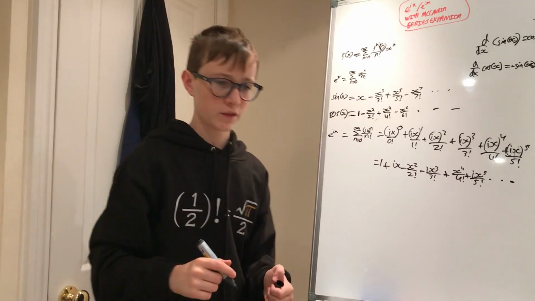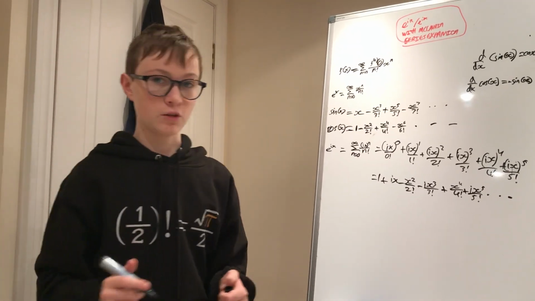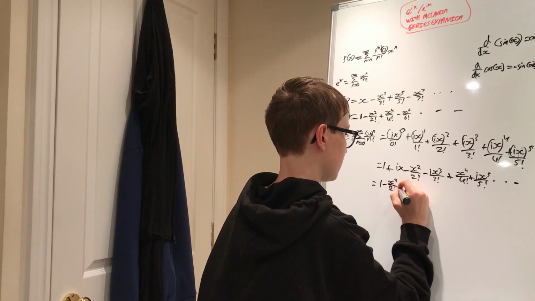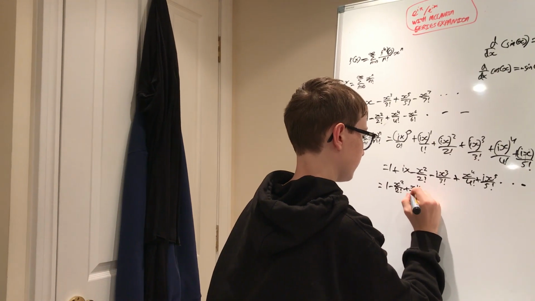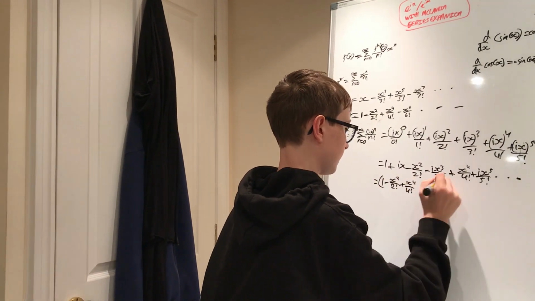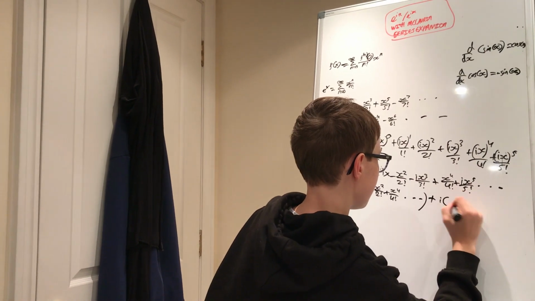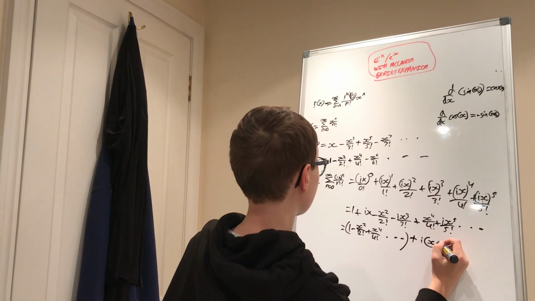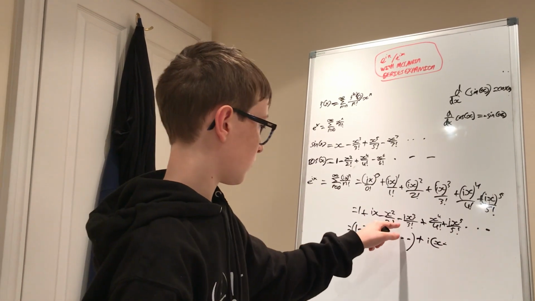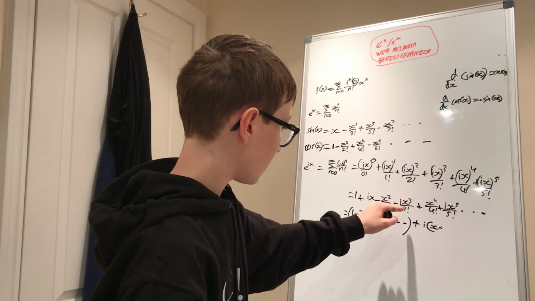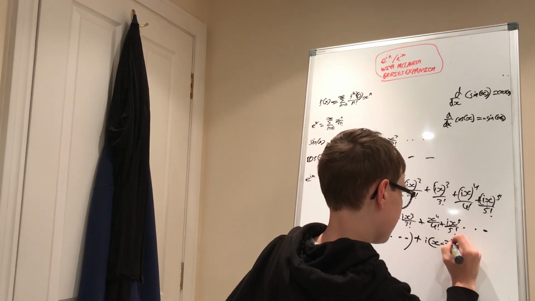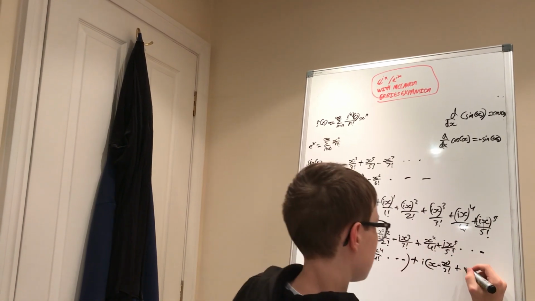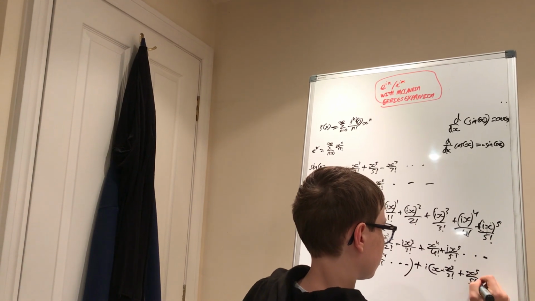And now if we separate the imaginary and the real parts, we get 1 minus x squared over 2 factorial plus x to the power of 4 over 4 factorial plus i times x minus x cubed over 3 factorial plus x to the power of 5 over 5 factorial.